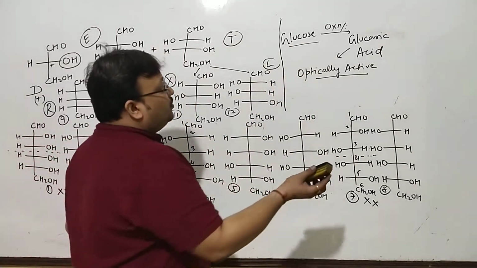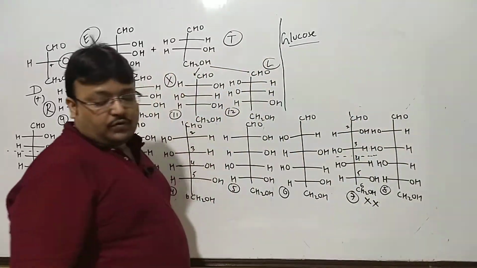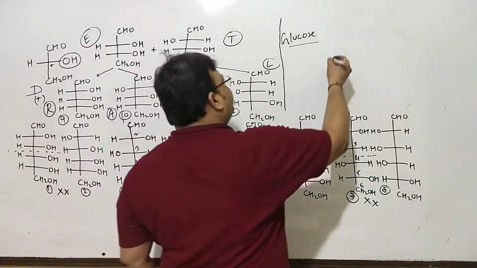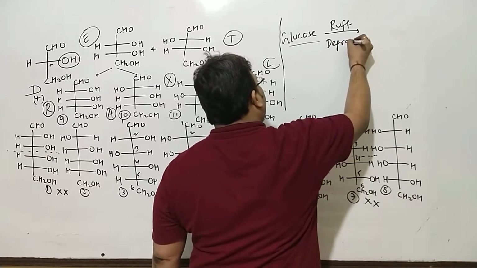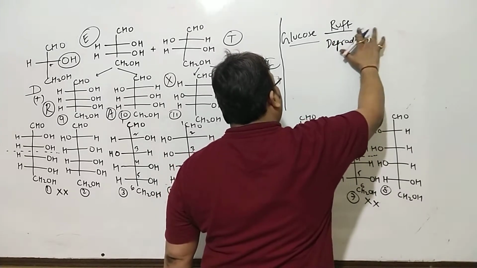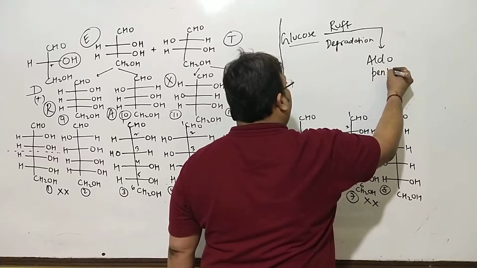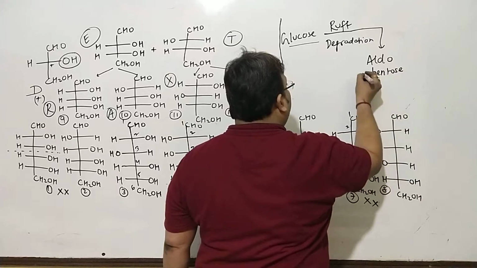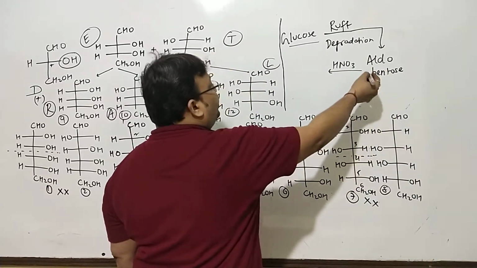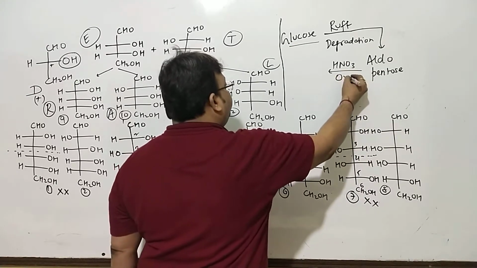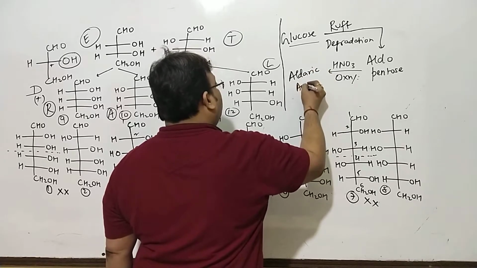In step 2, he subjected glucose to Ruff degradation. He carried out Ruff degradation of glucose. So naturally, he would have got the corresponding aldopentose. And when the aldopentose of glucose was subjected to nitric acid oxidation, this aldaric acid was also optically active.